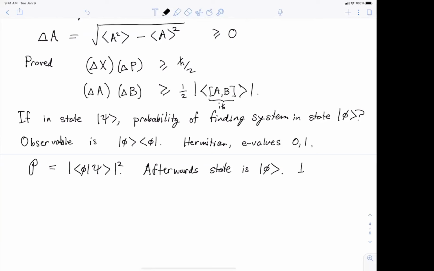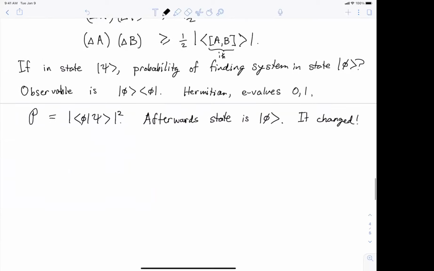Okay, so it changed. And so this is an example of this deep fact that there are two different ways a state can change in quantum mechanics. There are, in fact, two kinds of ways a state can change.